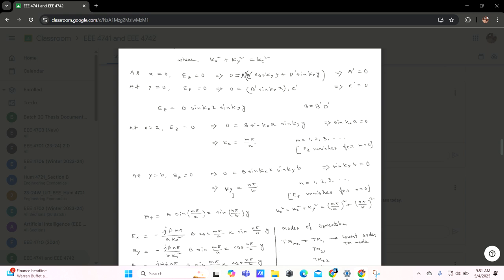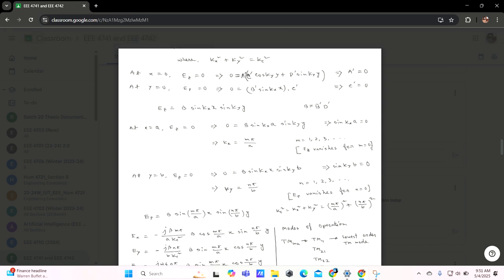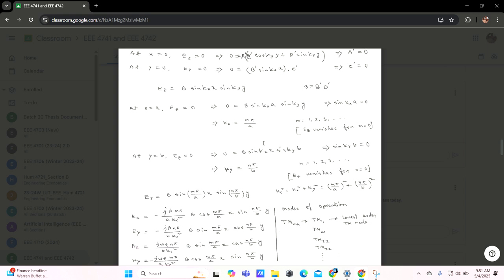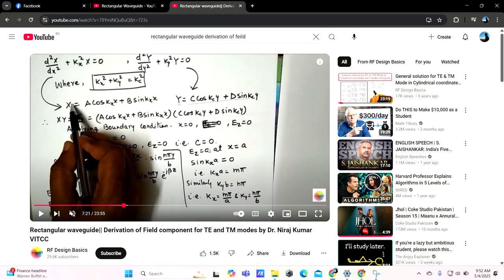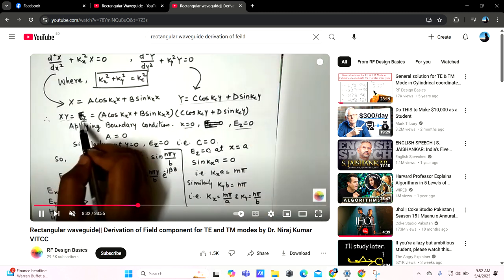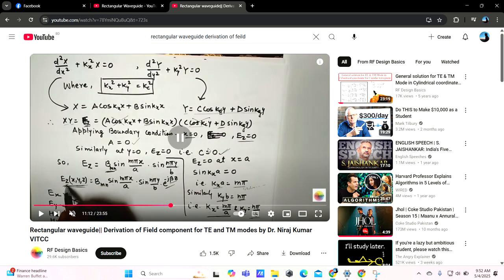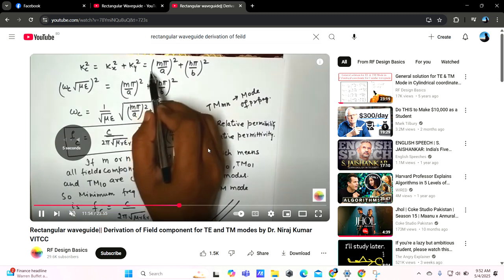In this case, we can see that Ez vanishes for m equals 0, n equals 0.